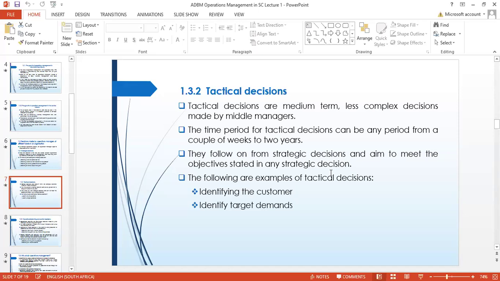Examples of the tactical decisions: identifying the customer. The senior managers have decided on a location for the business. Now the middle level managers identify the customer in that area, and also identify the target demands. These are some of the decisions that are taken by the middle level managers.